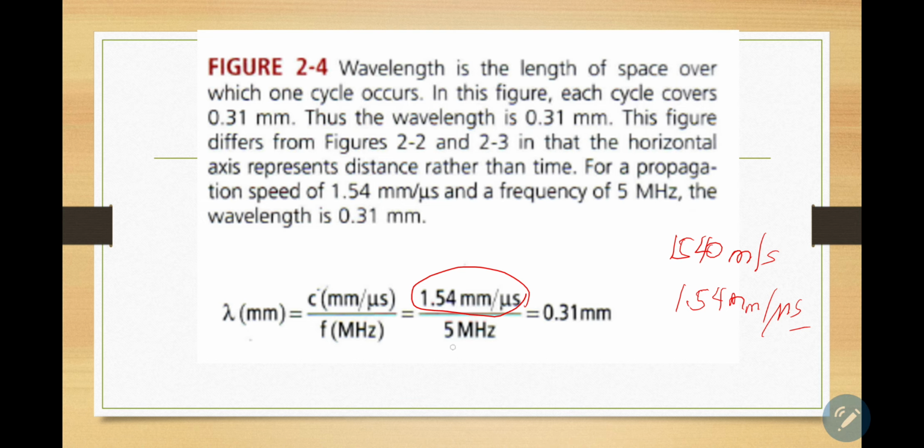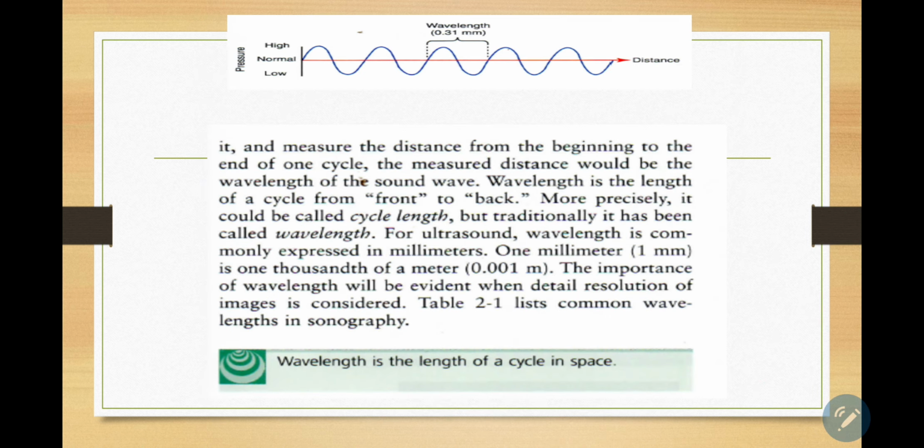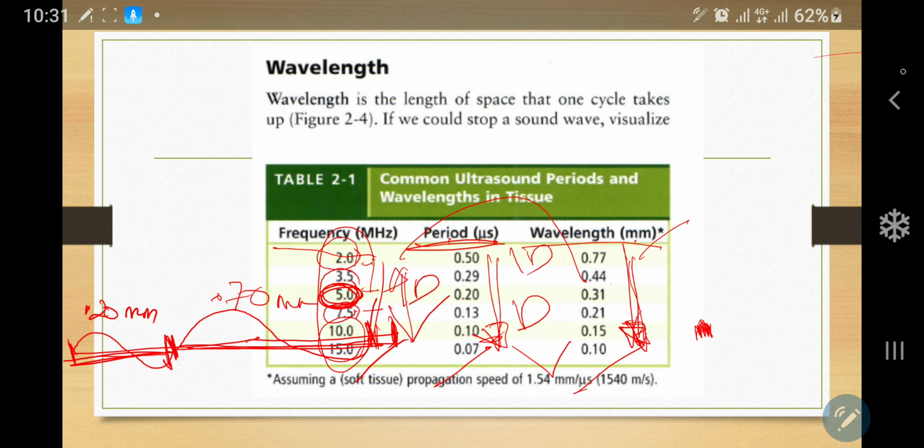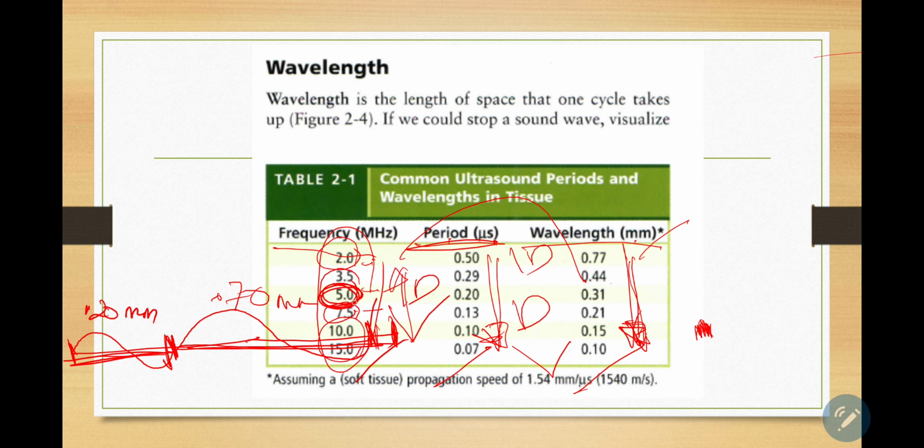Okay, and for example, you use 5 megahertz transducer. Okay, you divide that. So, anong magiging equivalent niya? This is 0.31 millimeters. Okay, going back, let's take a look back at the table. Okay, so you have here your 5.0. So pag sinabi nating 5.0, that is the frequency used, and then your wavelength is 0.31.